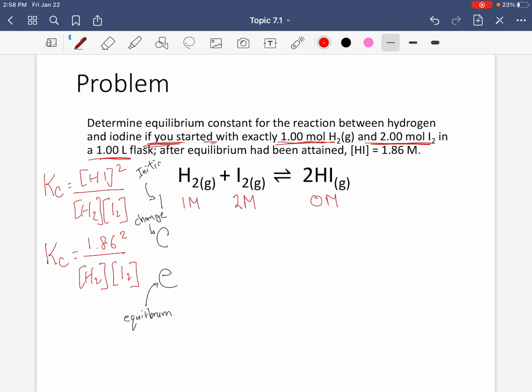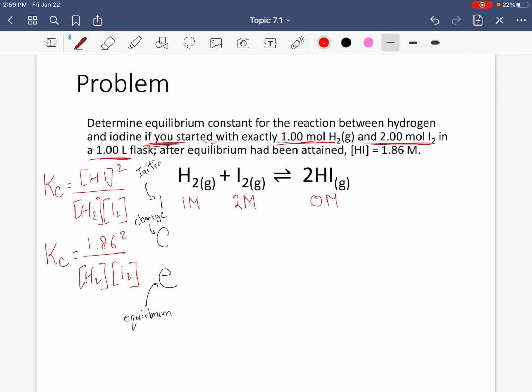So you can pretty much bet that every time this reaction proceeds, you're losing 1 mole, you're losing 1 mole, and you're gaining 2 moles. So change is based on your coefficients. Why do you think we spent so much time balancing equations back in the day? You think it's all for nothing? You know it's for everything.